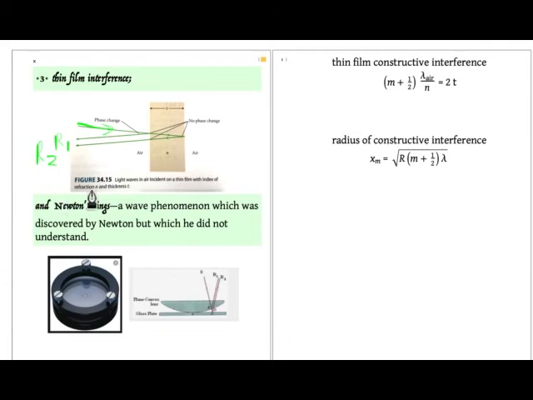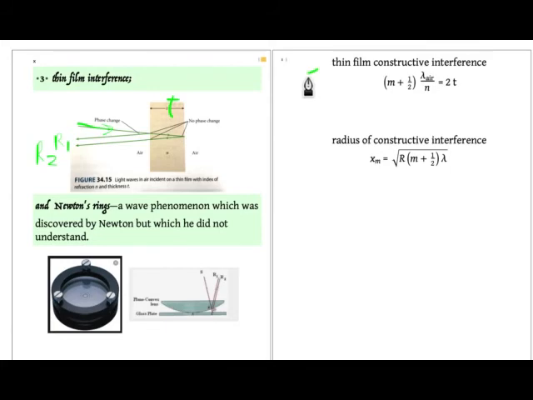With index of refraction n and thickness t, so this thickness is t, there'll be a reflected ray from the front surface, and there'll also be a reflected ray from the back surface, and those will interfere. So the outgoing light will show interference phenomena.